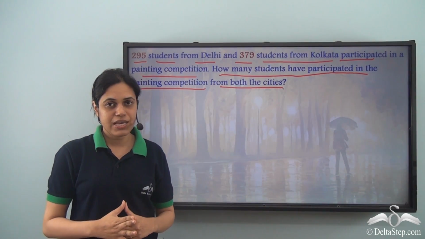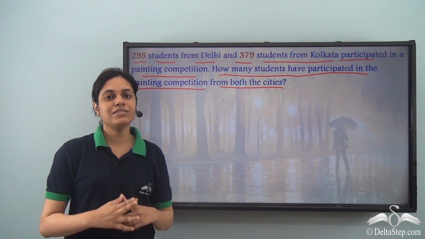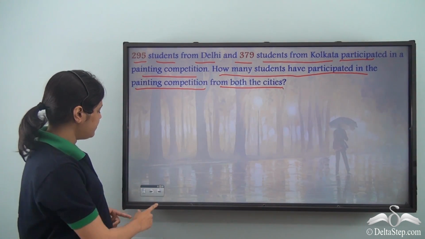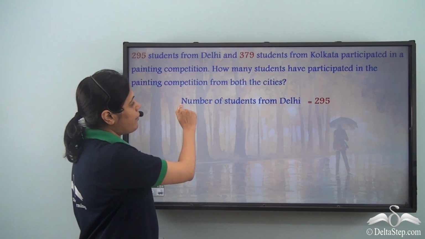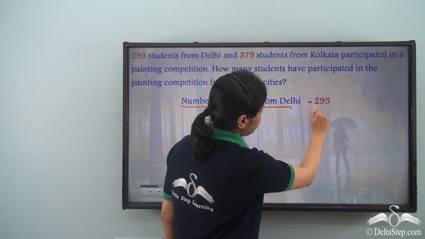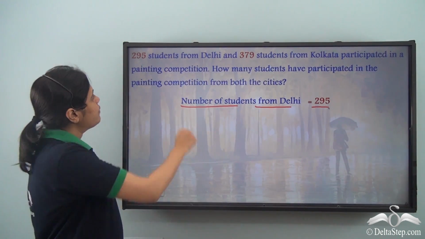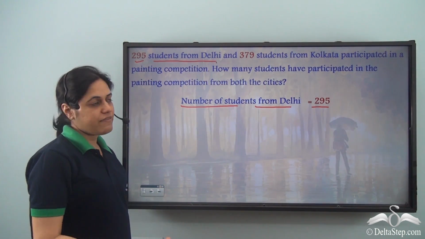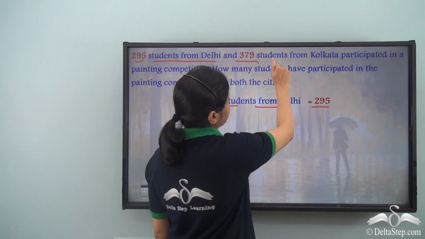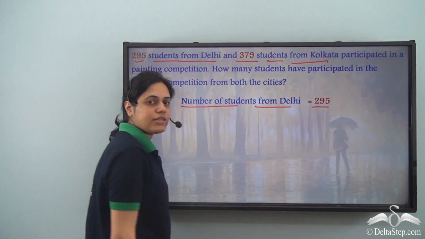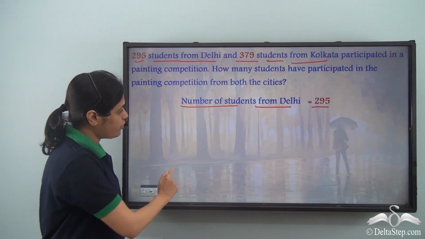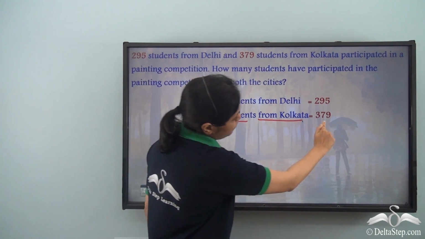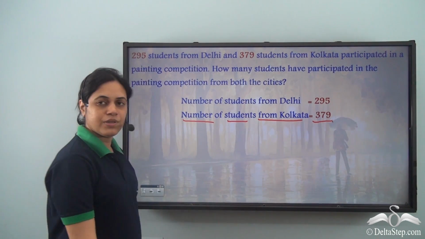And what is the first step? The first step is that we need to write what is given to us. The number of students from Delhi is 295. What is given next? 379 students from Kolkata. So the number of students from Kolkata is equal to 379.